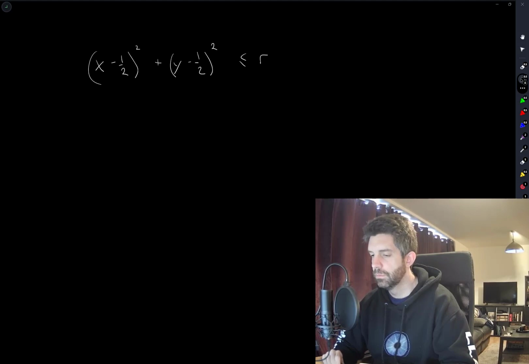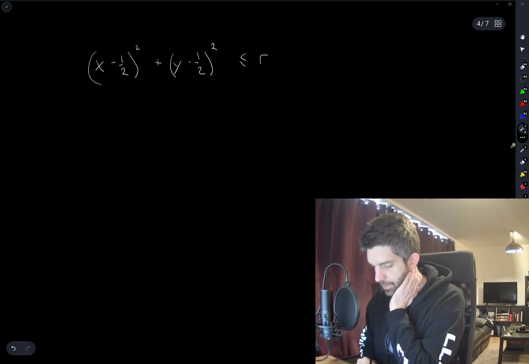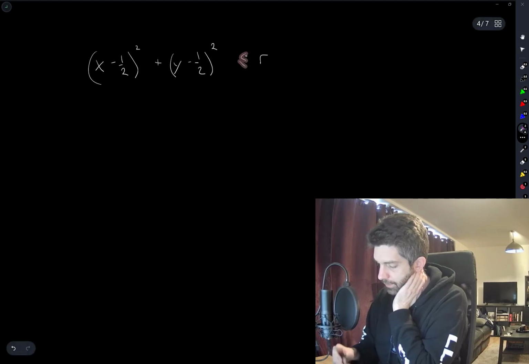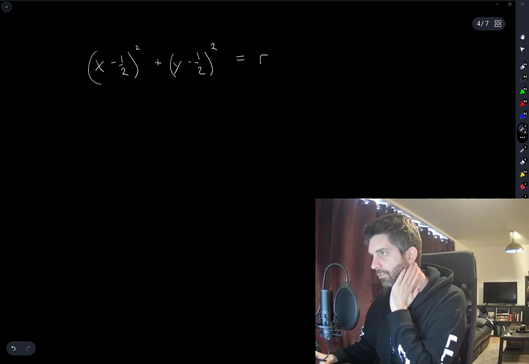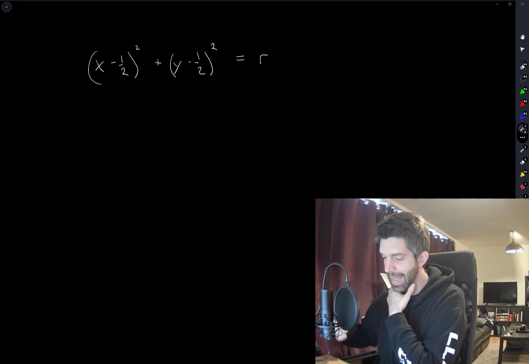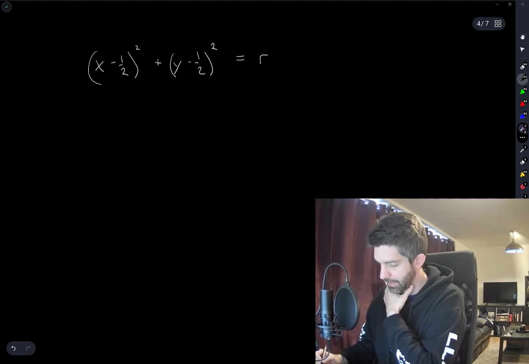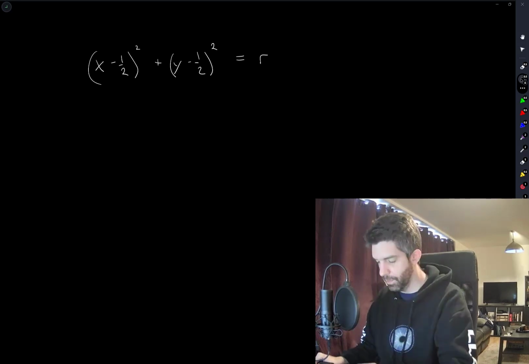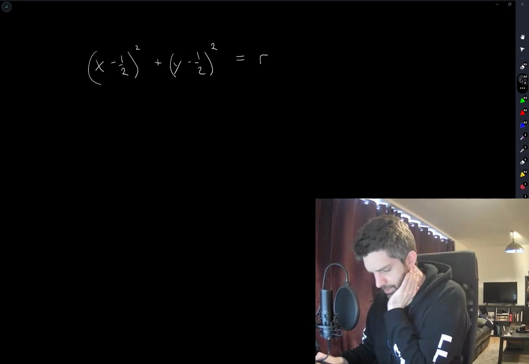So for very small values of r, the number of x and y that satisfy this will be 0. What I'd like to do is show that if I have equality, then the number of integers x and y which can satisfy this is a multiple of 4. And then it'll be true also for the inequality, because you just have to add up the number of points that work.